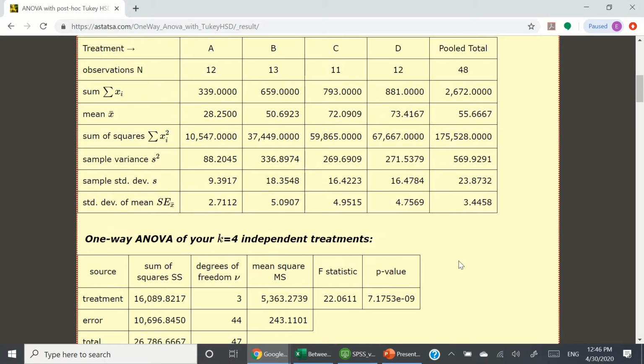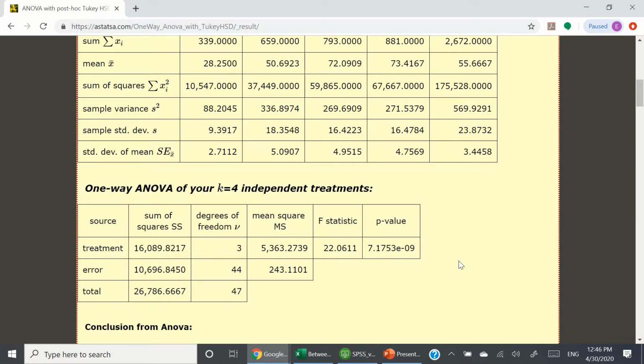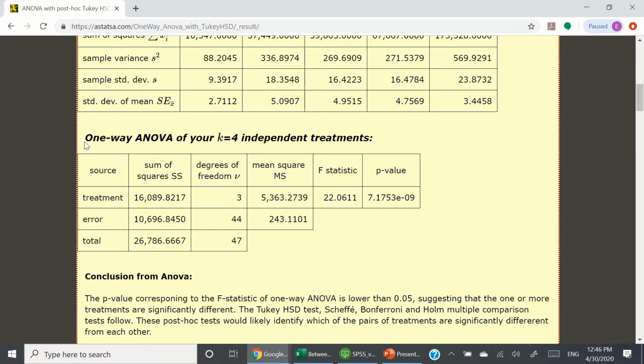Now it'll also give you the one-way ANOVA results, which include the degrees of freedom. The degrees of freedom here is 3 for the treatment, and the degrees of freedom for the error is 44.